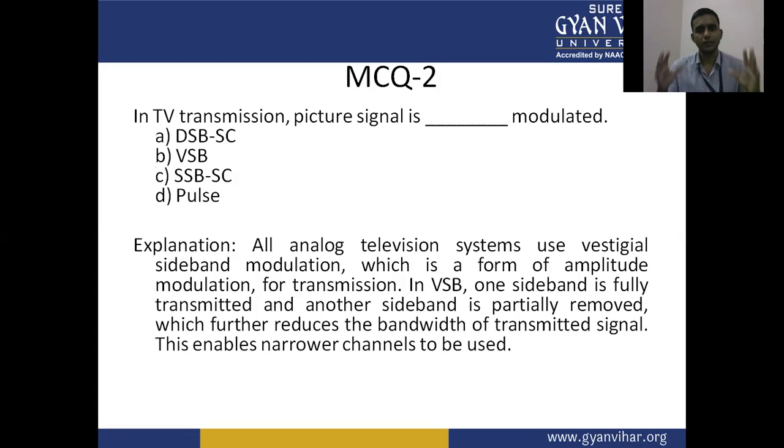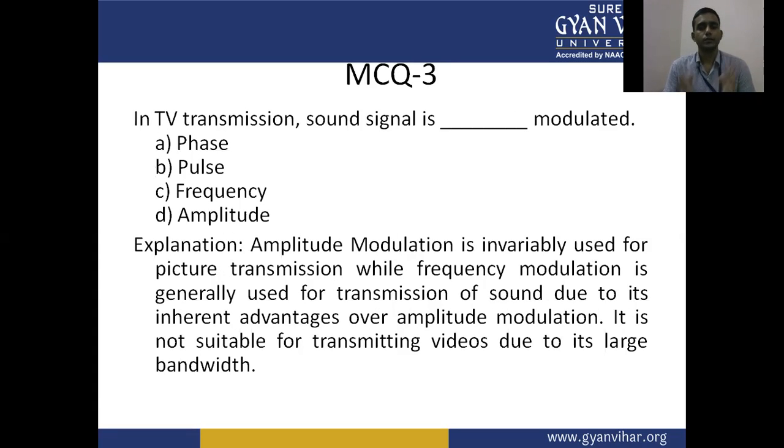All modulating television systems use vestigial sideband. Question three: in TV transmission, the sound signal is modulated by A, phase, B, pulse, C, frequency, D, amplitude.